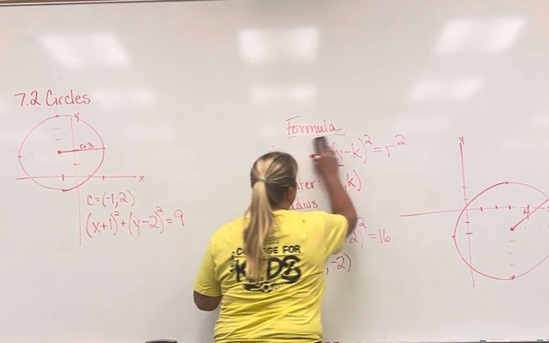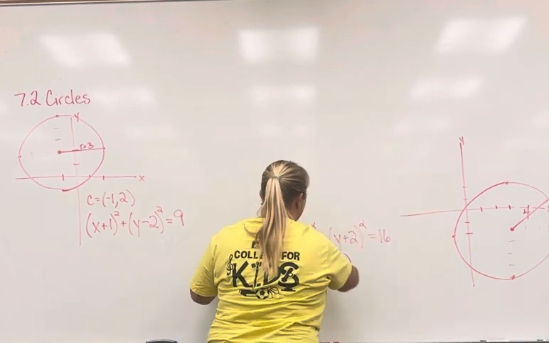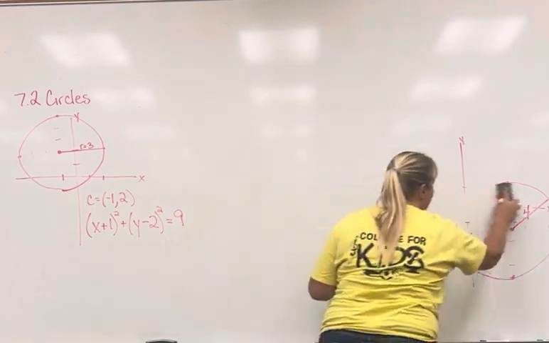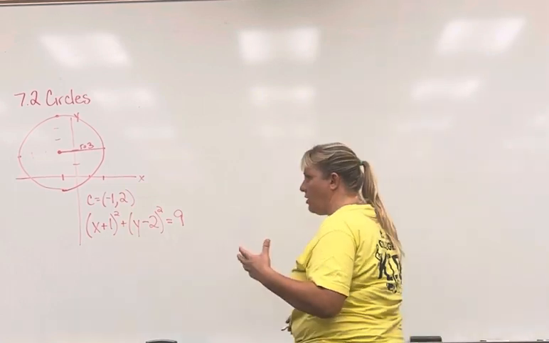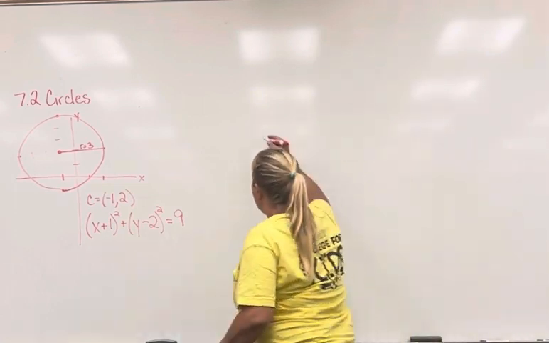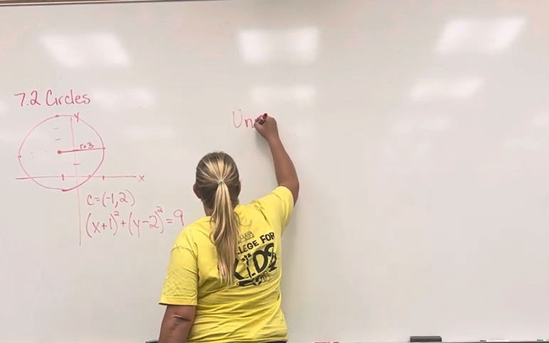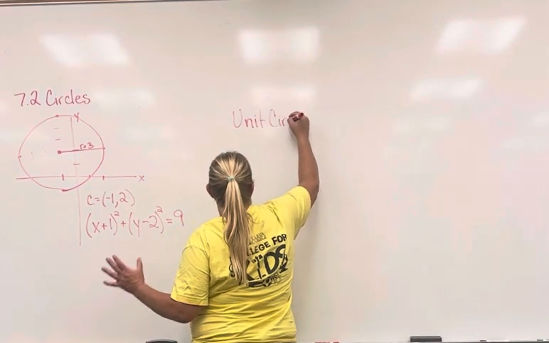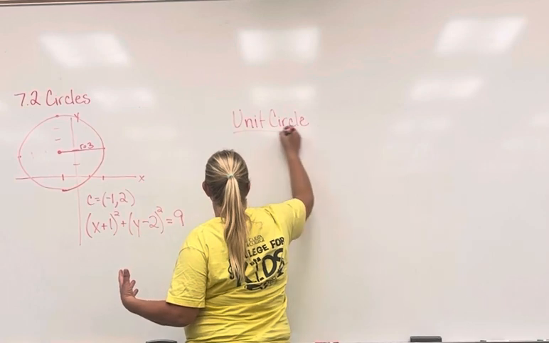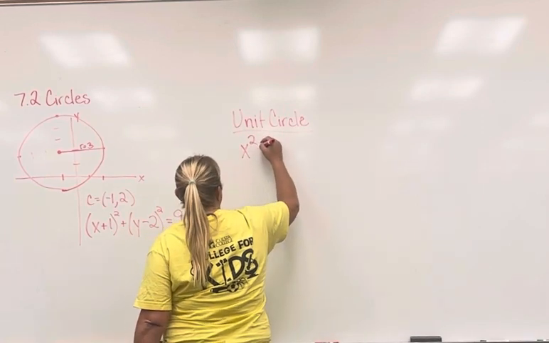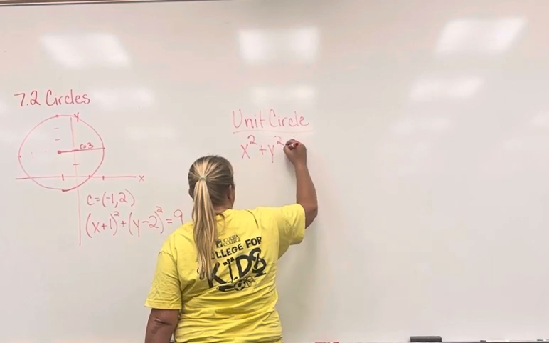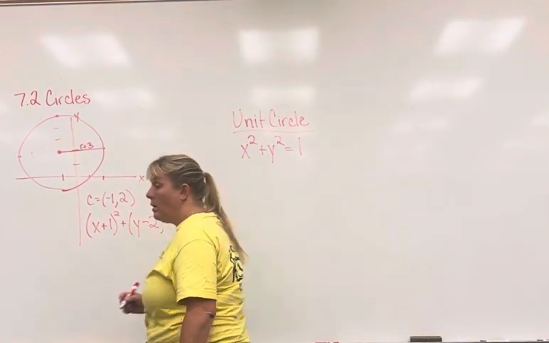Now, another circle that pops up and does become useful as you move into higher division math classes, so you will start to hear about this circle if you haven't already, is the unit circle. And the unit circle is like the basic building block or the base graph of the circle. And it looks like this: x squared plus y squared equals 1.